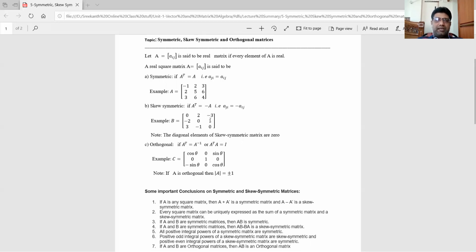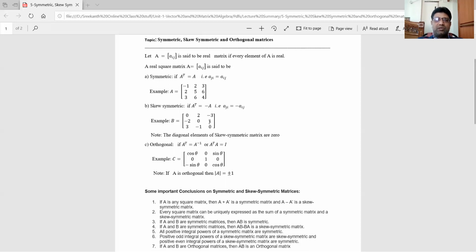The example is this one. B equals 0, 2, -3, -2, 0, 1, 3, -1, 0. If you make the first row as a column, clearly it is not 0, 2, -3. It is multiplied with minus. So 0, -2, 3.